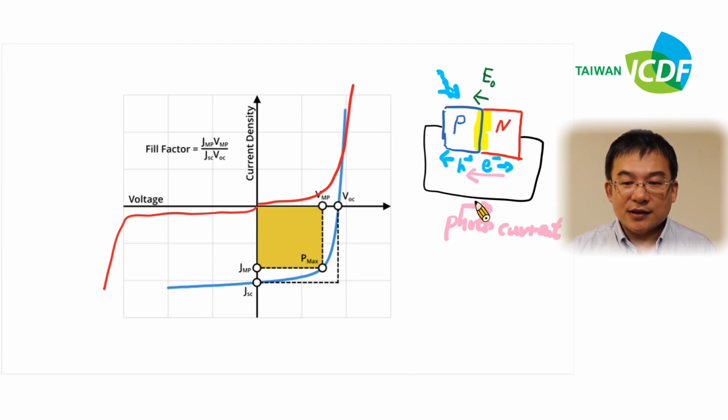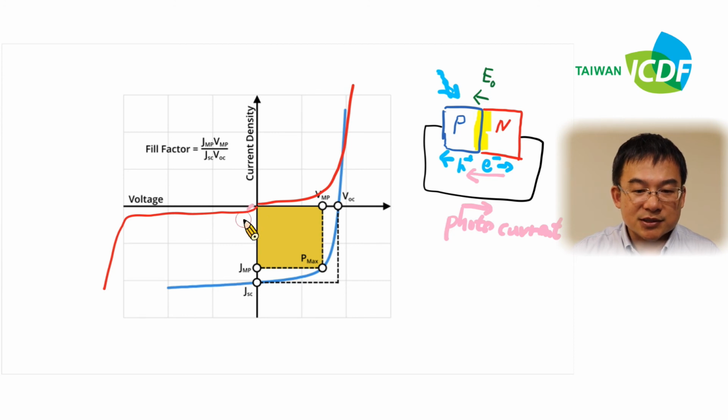And the direction of this photocurrent is the inverse of the forward bias direction. This is the IV curve of the solar cell, and this one is the standard IV curve. When sunlight irradiates the solar cell, this curve will shift down, changing to the blue one.